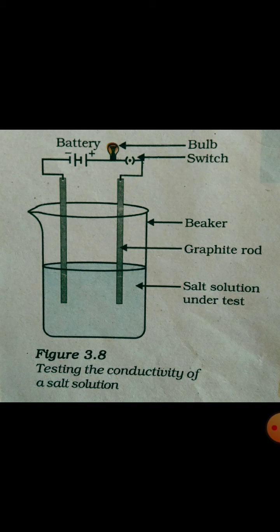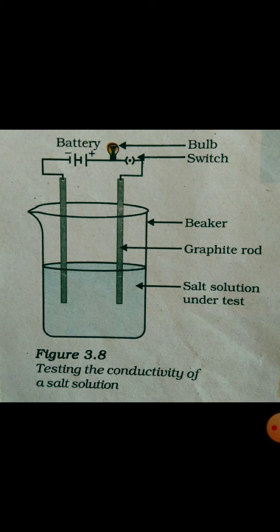We have already learned this process in standard 8, right? When there is movement of charged particles, there will be conduction of electricity, right? A solution of an ionic compound in water contains ions, and these ions move to the opposite electrodes when electricity is passed through the solution.